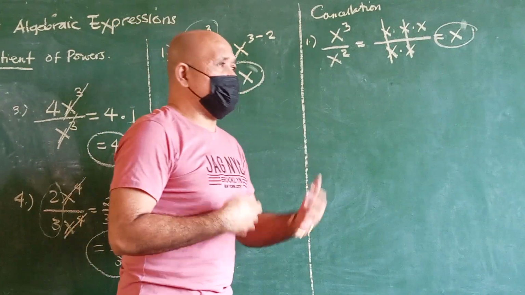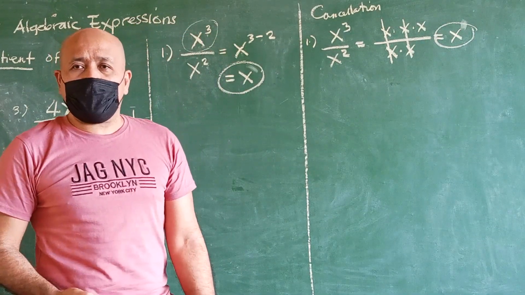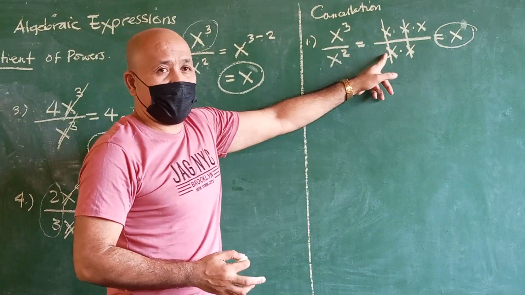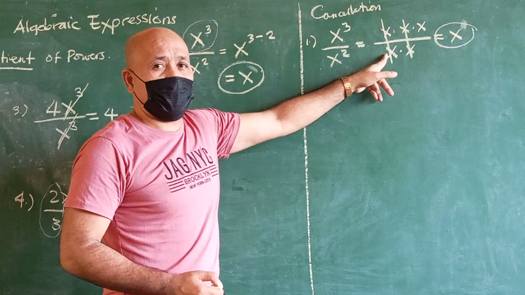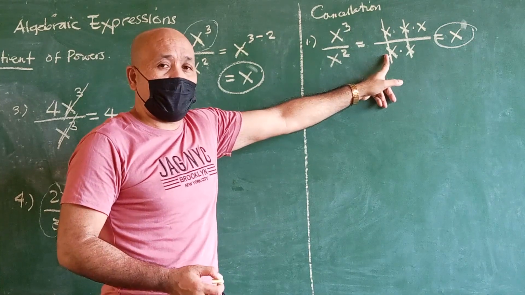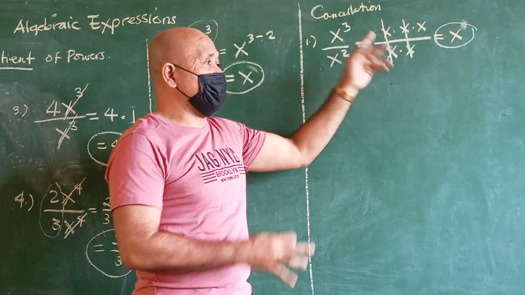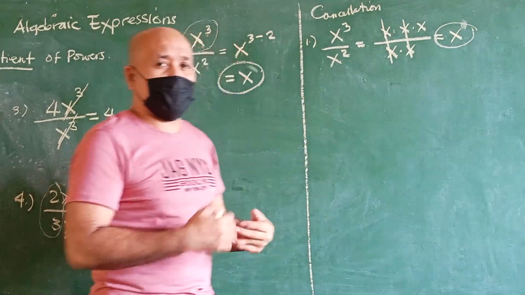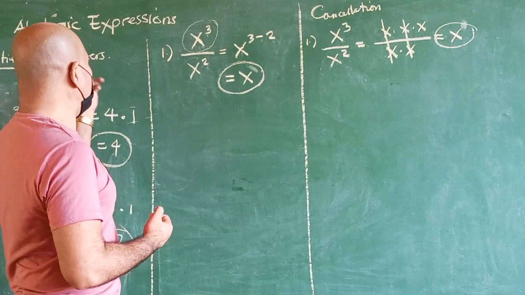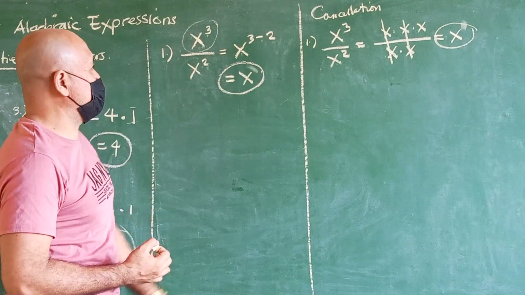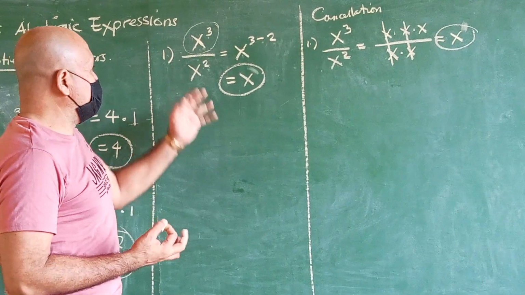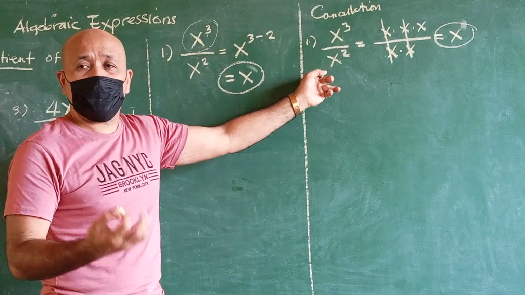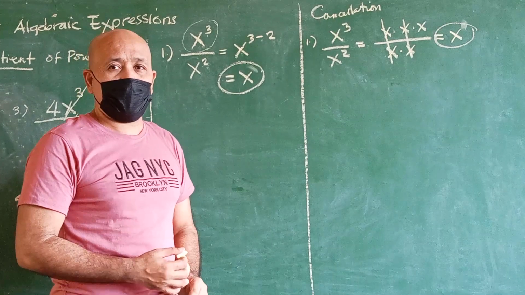But in terms of higher algebraic expressions, when you divide, just do this mentally. Do not show this as part of your solutions, unless you are in grade 7. For grade 7, this is the step-by-step basic presentation on how to divide using the quotient of powers and the cancellation method. So either you will use this idea or that one, and just do it mentally if you are in higher mathematics.